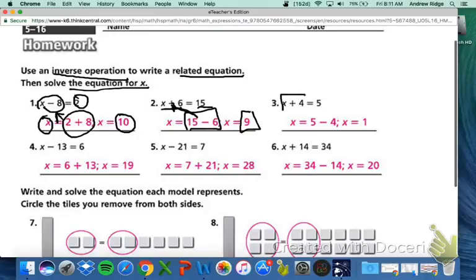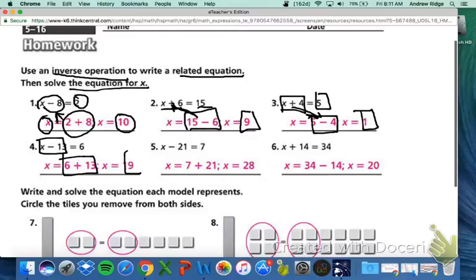Here we have x plus 4 equals 5. So then we subtract 4 from 5, and x equals 1. Inverse operations. Started with addition, went to subtraction. Same pattern, x minus 13 becomes x plus 13, right?